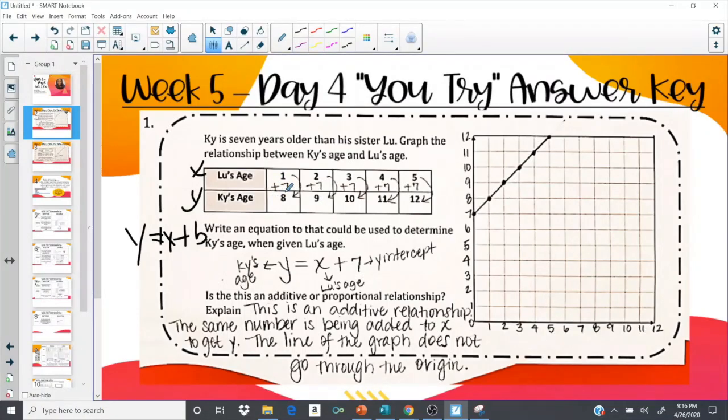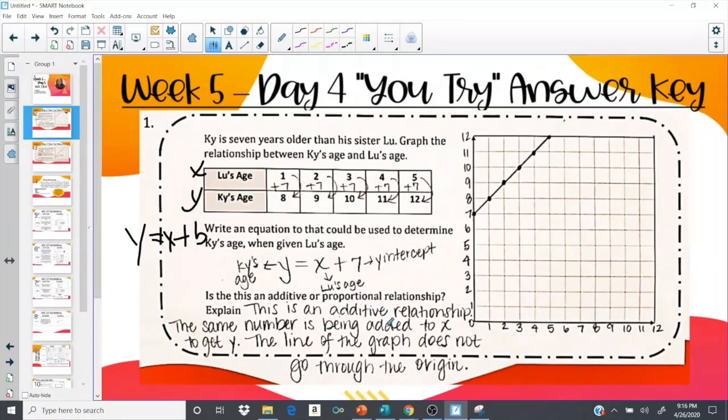So all you do is substitute b with the y-intercept, which is 7. So now the equation reads y is equal to x plus 7. 7 is your y-intercept. That is your starting point. And X represents Lou's age, and Y represents Kai's age.